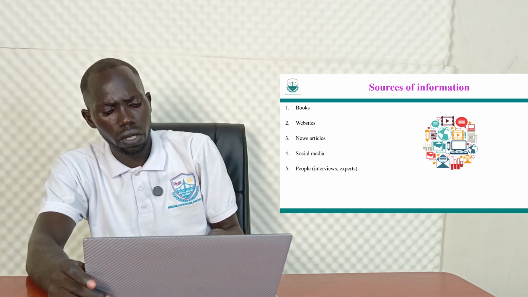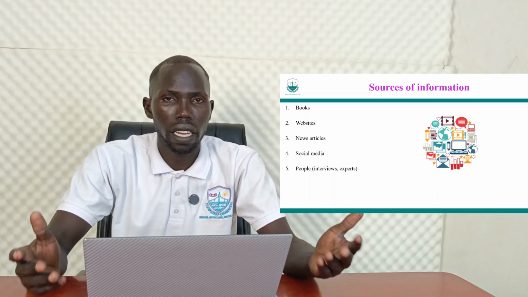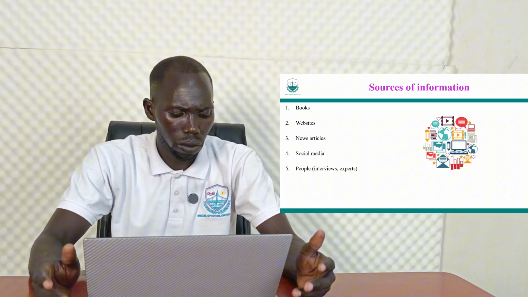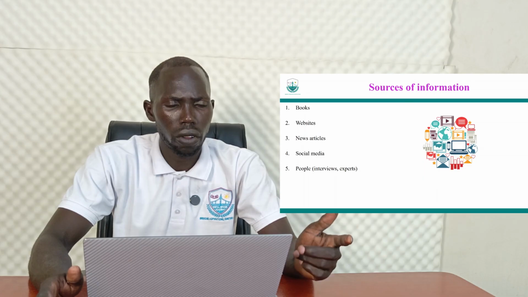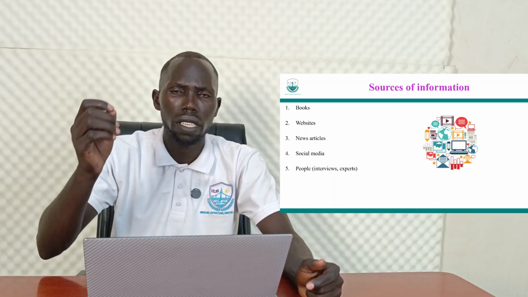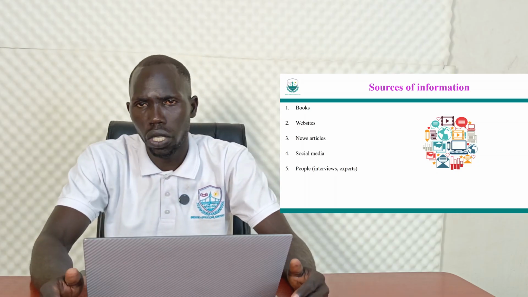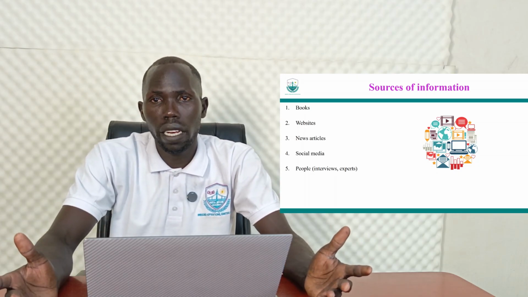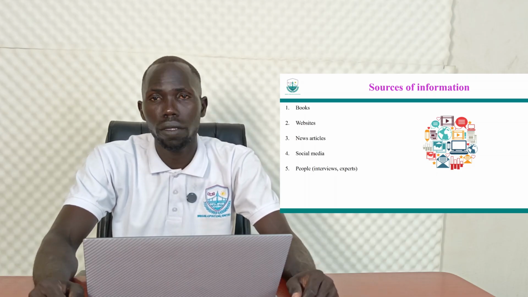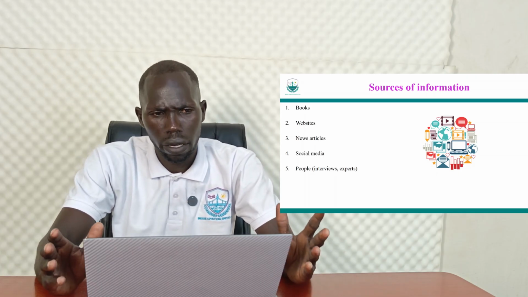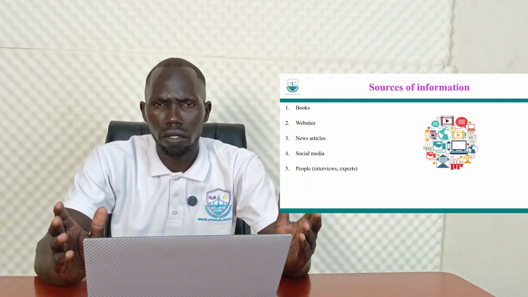What are the available sources of information that one can have? If information deals with the facts, the details, the knowledge one gets through reading, through seeing, through hearing, what are the available sources? Among many, we can have books, textbooks, and books of religion.